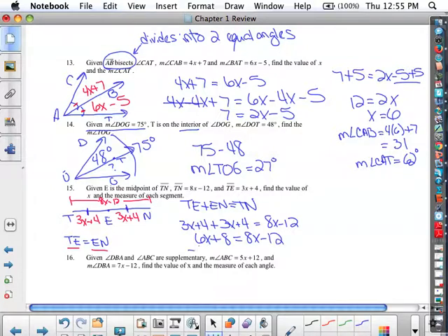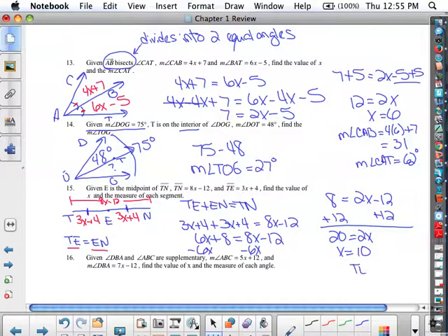When you subtract 6x from both sides, you will have 8 is equal to 2x minus 12. When you add 12 to both sides, you will get that 2x is equal to 20, therefore x is equal to 10. If you substitute that back in, you will get that the measure of TE, remember that's equal to EN, is equal to 34, and then TN is equal to 68.